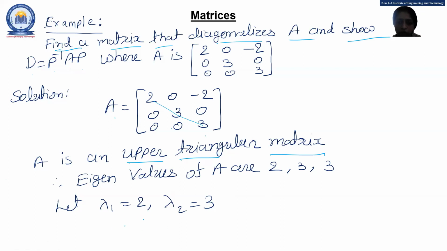You have no need to do any steps for finding the eigenvalues, and your eigenvalues are 2, 3, 3. It means your eigenvalues are your main diagonal elements. This rule is for upper triangular matrices only, right? It means you have two different eigenvalues, 2 and 3. 3 is repeating here.